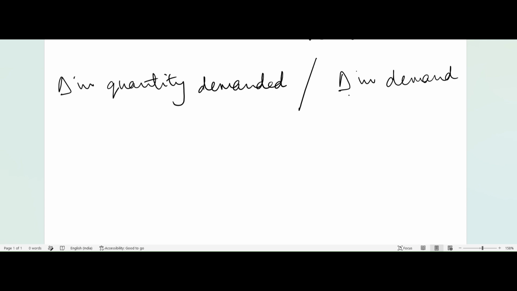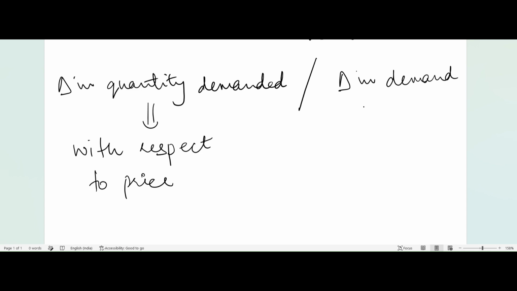This triangle sign denotes delta, meaning change. We use change in quantity demanded only when we are referring to the change in quantity demanded with respect to price. If the price of the product is changing, then I will say there is a change in quantity demanded for a product.